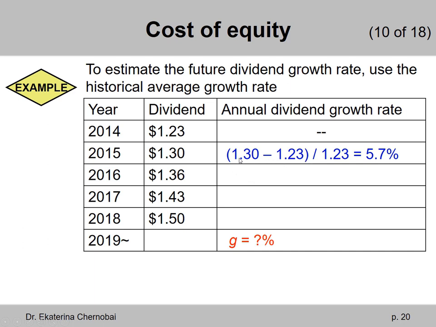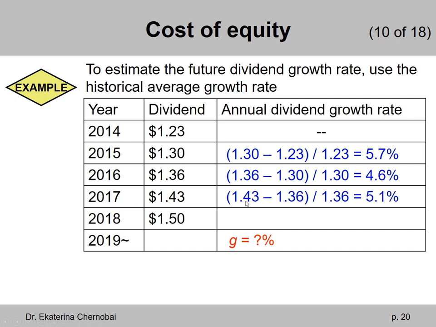Then using the same new minus old divided by old calculation, we can calculate the actual growth in dividends from 2015 to 2016, $1.30 and $1.36. It's a 6-cent increase, which is a 4.6% increase, or the growth rate in dividends for that year.